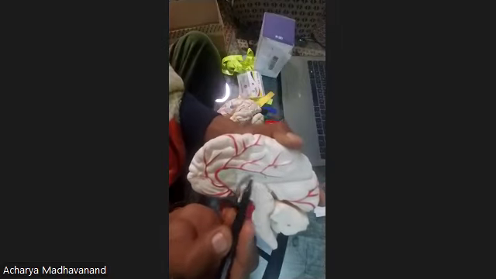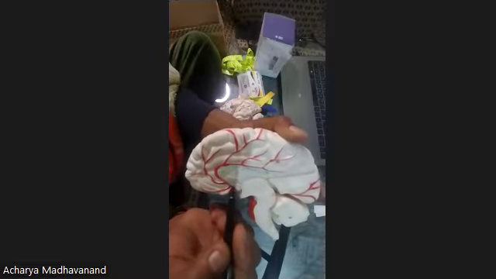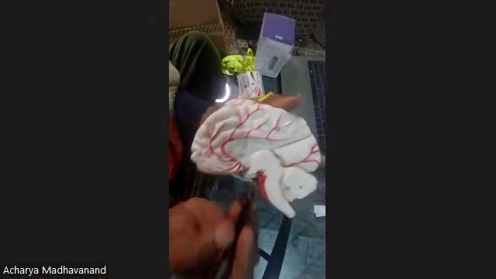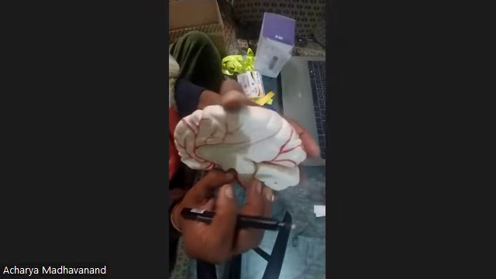Then you see the parts in between this area. Here is the corpus callosum. Then pituitary and all in this area. Then ventricles in this area.